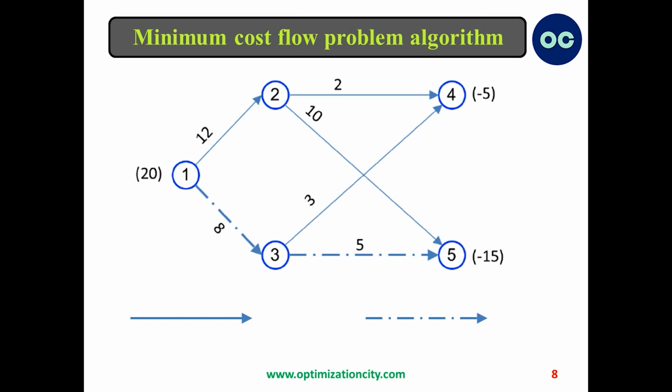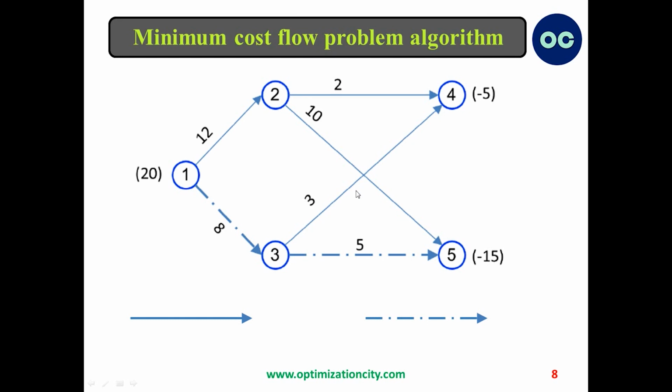In this picture, the arcs represented by dot-dash lines are non-basic variables that reach the maximum capacity, while the solid arcs are basic arcs.